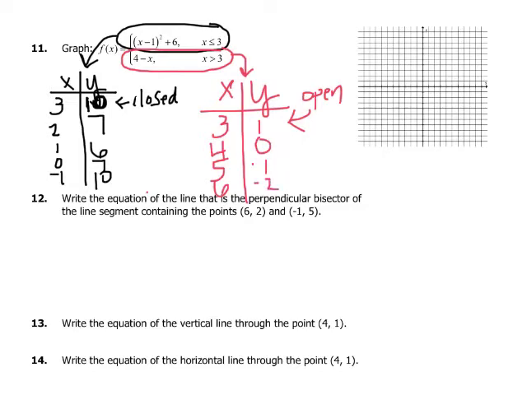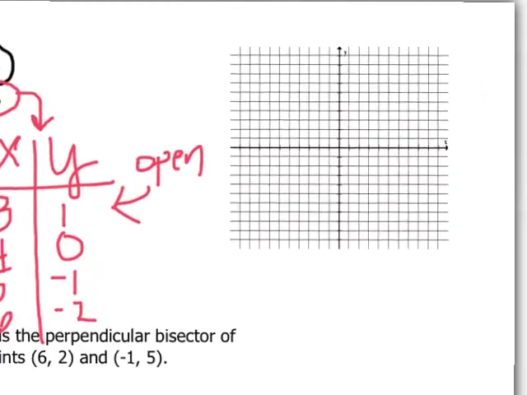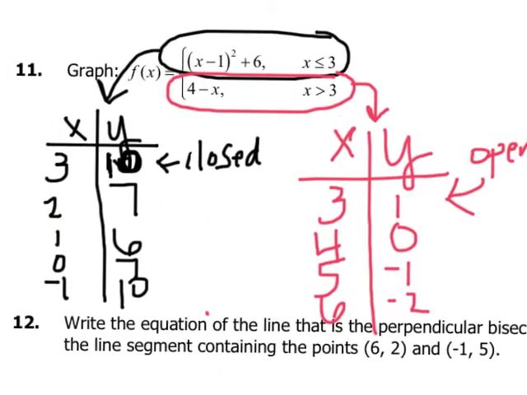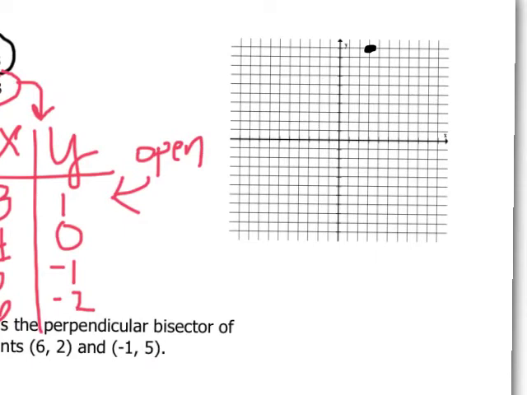Alright, so I'll graph my black and black, my red and red. So 3, 10. And that was with a closed circle. 2, 7, 1, 6, 0, 7, negative 1, 10.